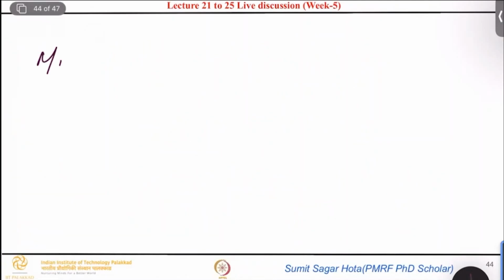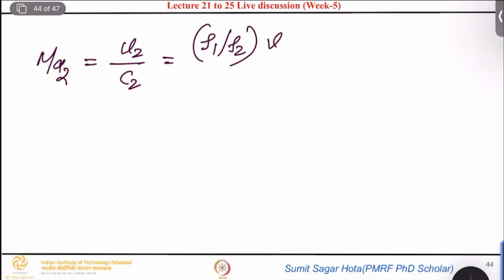Now what is the value of Mach number 2? V2 by C2, which is rho 1 by rho 2 into V1, divided by gamma R T2 to the power 1 by 2.